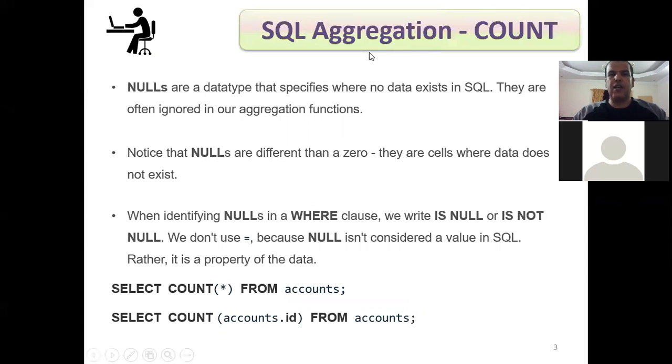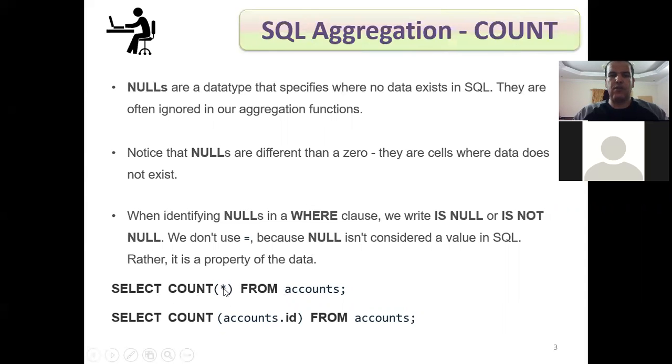But SQL aggregation functions don't care about nulls. They just ignore them. For example, if you want to count a specific field, and the cell contains a null, it will be ignored. It will not be counted by the count function. For example, we have here SELECT COUNT(*) FROM accounts.